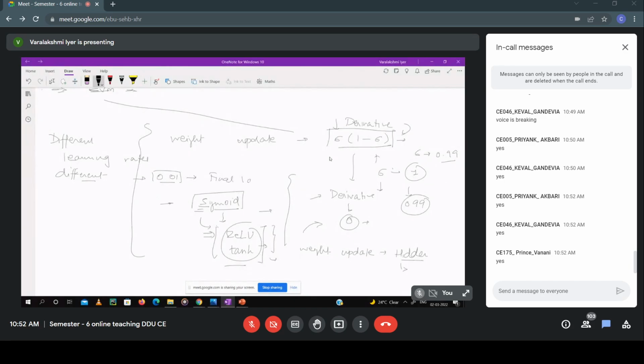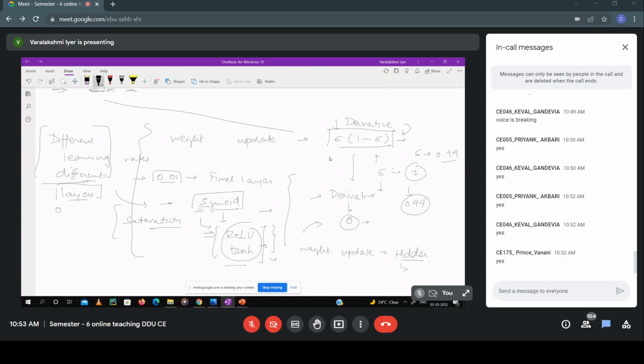But mostly, why do we use different learning rates in different layers? One point is because of the saturation in the case of the weight update rule. That's why we may use different learning rates in different layers.